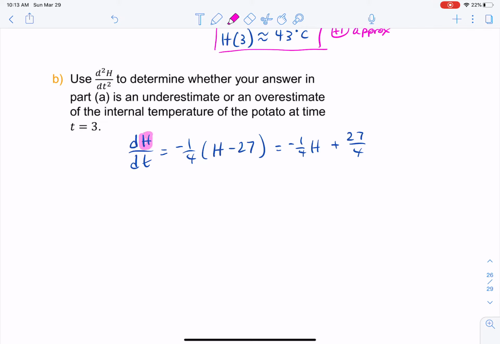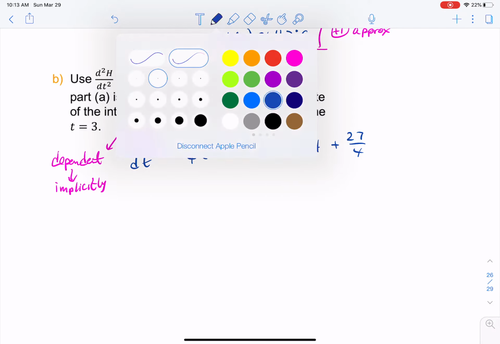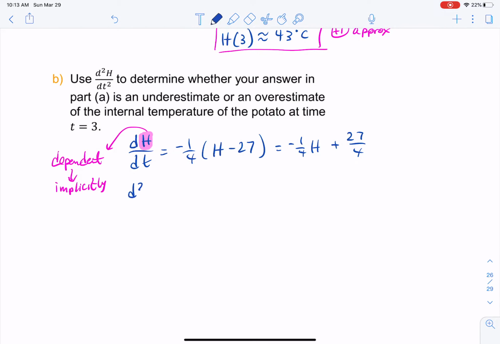This h that's on top is the dependent variable, which means that it gets differentiated implicitly. And I point that out simply because there's no t's in there, so the t down at the bottom indicates the independent variable, which would be differentiated normally. And there's no t's in this equation. All of that goes to tell you that the second derivative of h with respect to t goes like this.